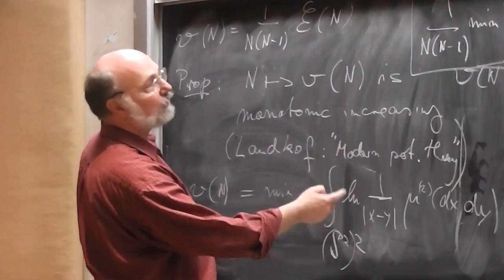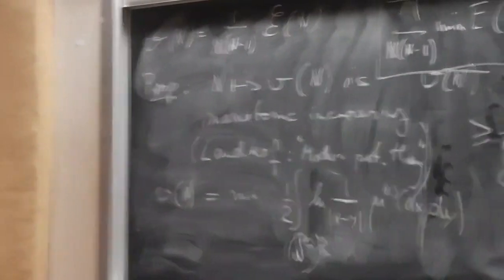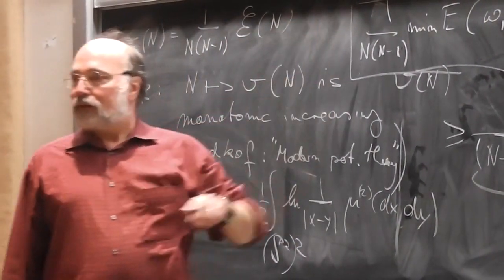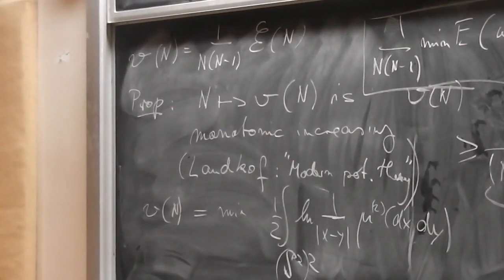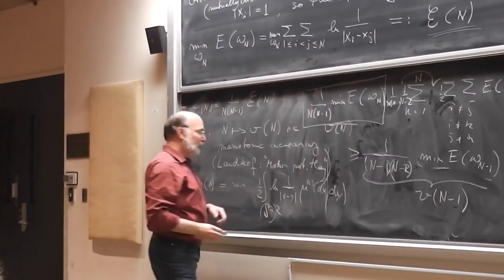Actually, if I write it like this, there should be 1/2 here. If I plug in the empirical 2-point measure for n points, I get back exactly this expression.